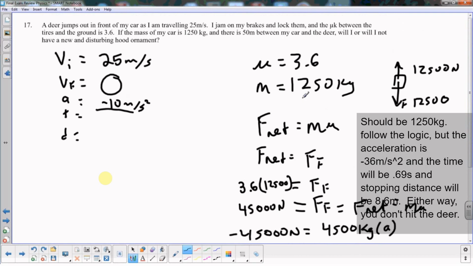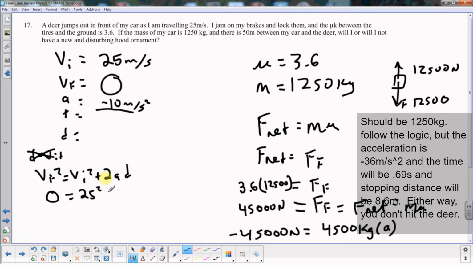And going back, we got acceleration coming out of here, and now we can throw it into here and just do a kinematic. D equals VIT plus, that's not really going to help us because I don't have time. VF squared equals VI squared plus 2AD. So I hope that I'm stopping at 0.